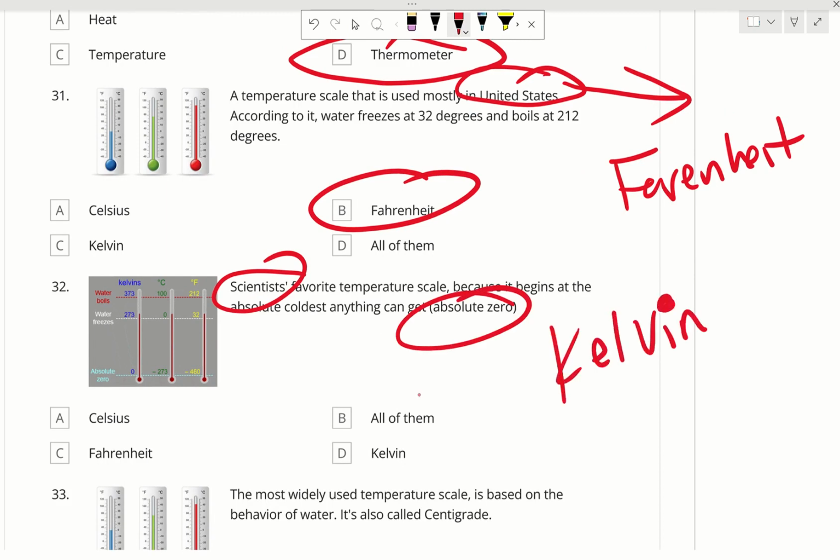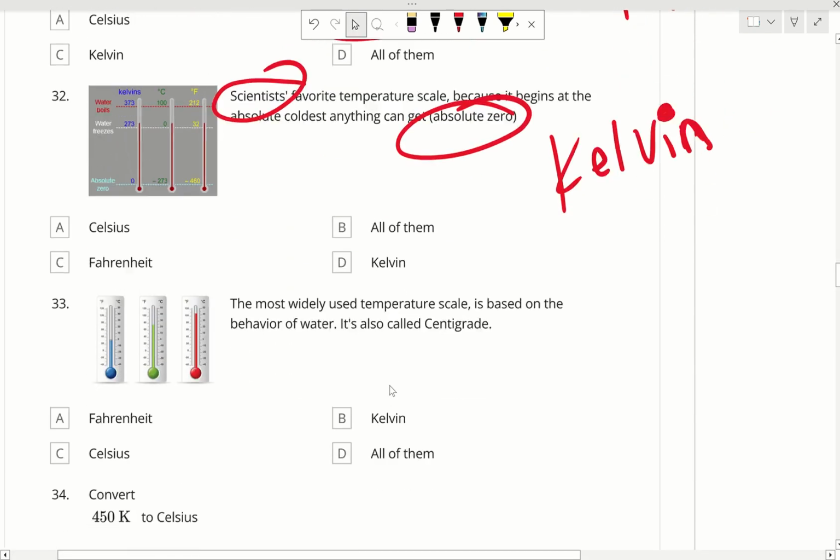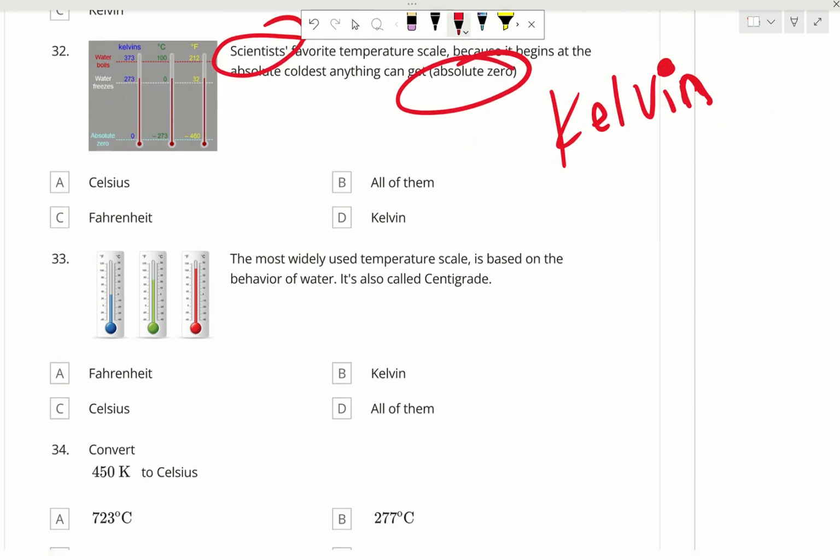That's the official temperature scale for scientists. And the last one, the most widely used everywhere in the world besides the US and some other countries. We use this in Qatar, Celsius.